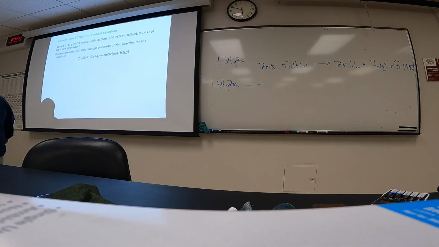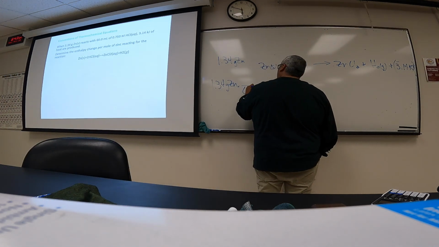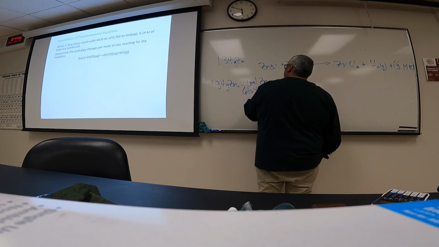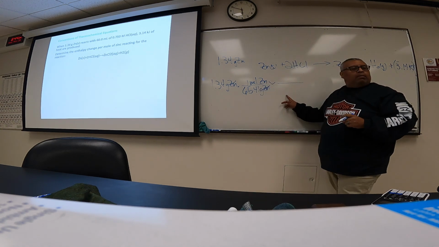The periodic table says 65.41, so we have 65.41 grams of zinc for every mole of zinc. So those units can go away. Now it's just like our other problem, right?